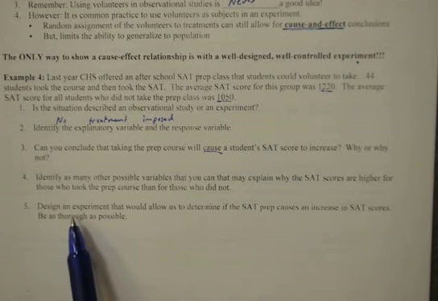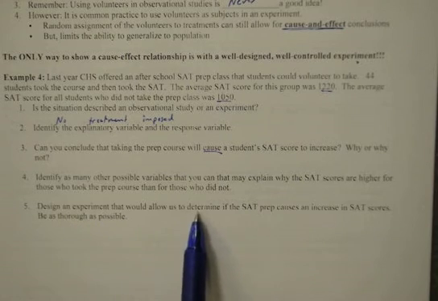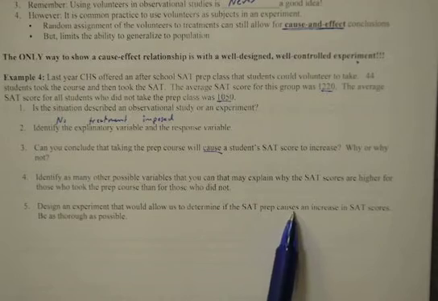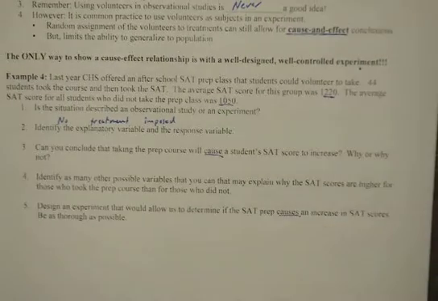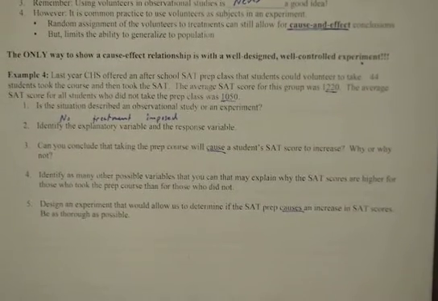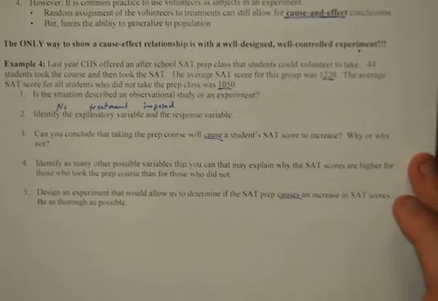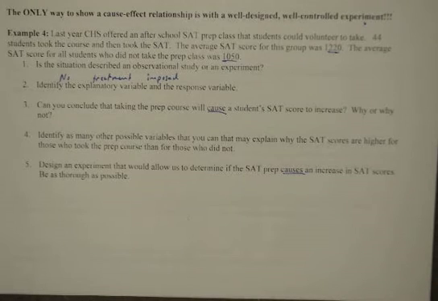And then lastly it says design an experiment that would allow us to determine if the SAT prep causes an increase in SAT scores. Be as thorough as possible. Okay. So I'm not gonna write it out, but we'll just describe something.